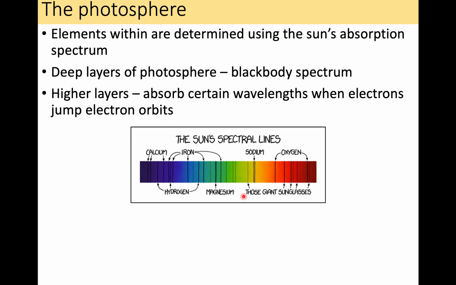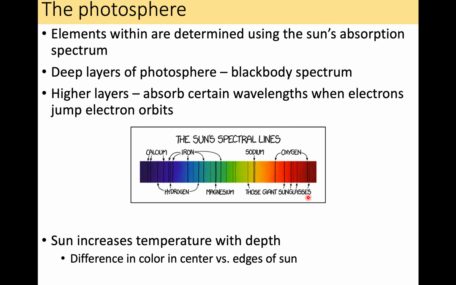So we can actually tell exactly what the photosphere is made of using the sun's absorption spectrum. So there's the two yellow lines very close to each other. That means sodium is present. We can see that hydrogen is present, magnesium is present, calcium, iron. Those giant sunglasses, if you're thinking of the cartoon version of the sun with the sunglasses, we're able to use this absorption spectrum to tell us what is present.